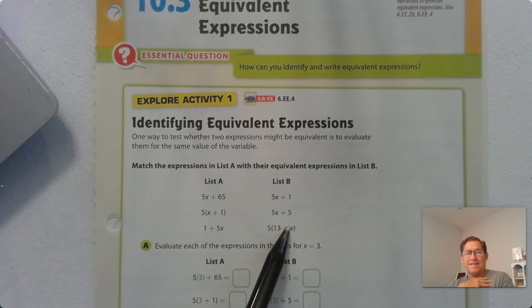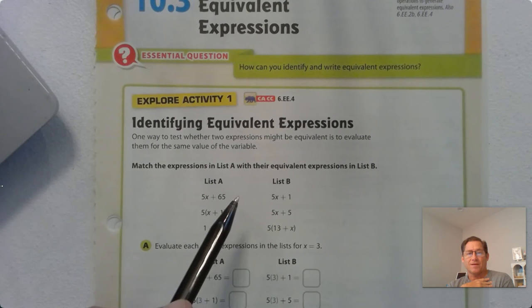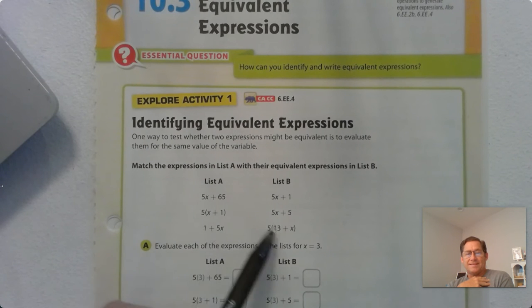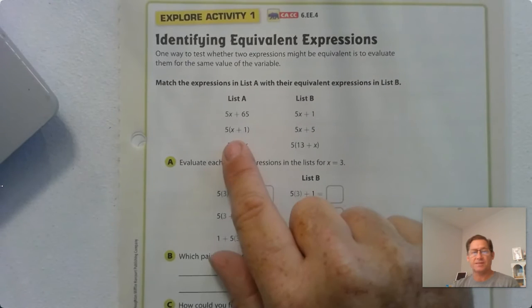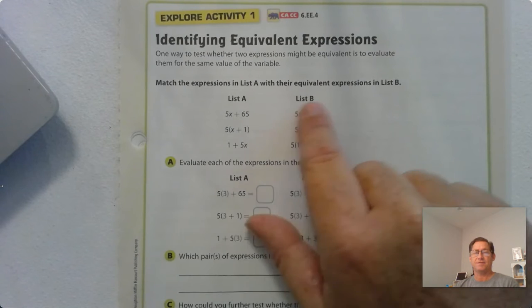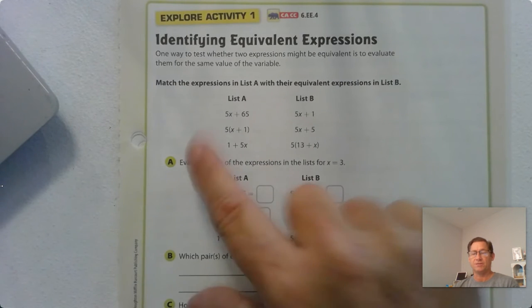If I put 1 here, that would be 14 times 5, which is 70. So we could see that these two are equal and so on. Basically, what we have to do is just substitute a value for x to see if these two sides are equivalent to each other.